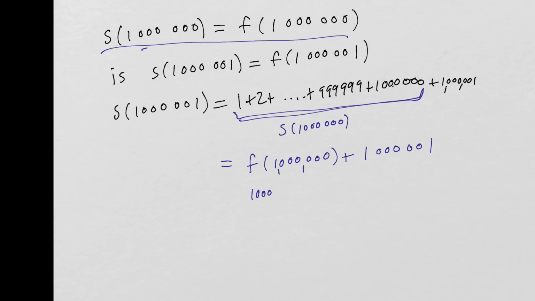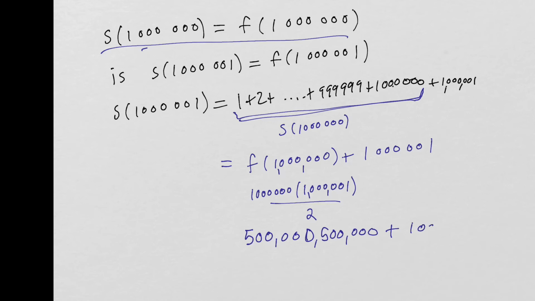This is 1,000,000 times 1,000,001 divided by 2. That thing I can calculate. That is 500 billion 500 thousand. Big number at that point. Definitely didn't want to count that up, right?